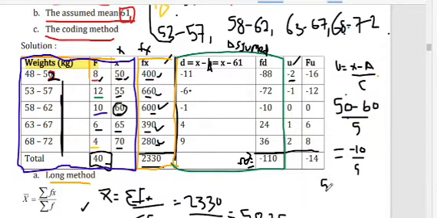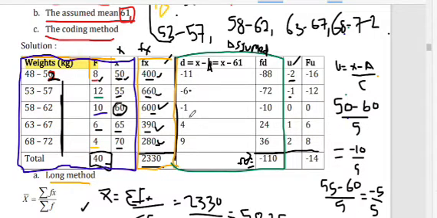So I have 55 minus the assumed mean, which is 60, divided by the class width, that's 5. So 55 minus 60 is minus 5. Divide that by 5, that is equal to minus 1. So you see how we got minus 1 here.